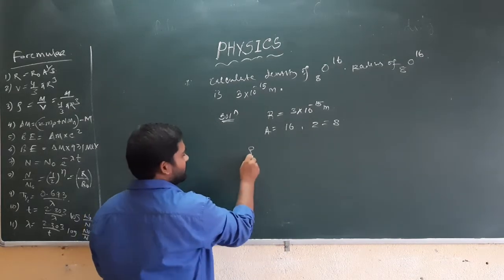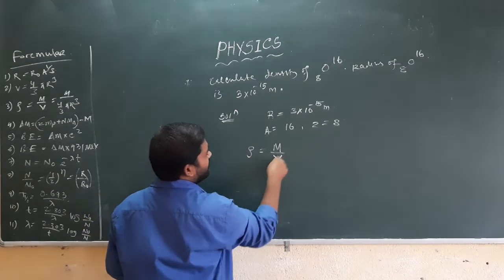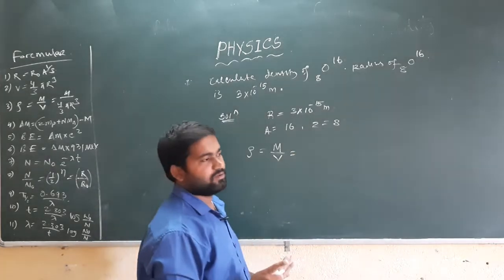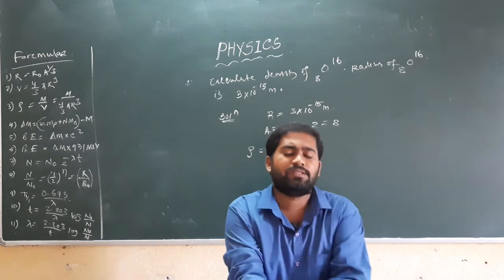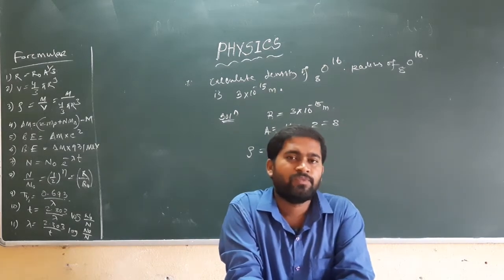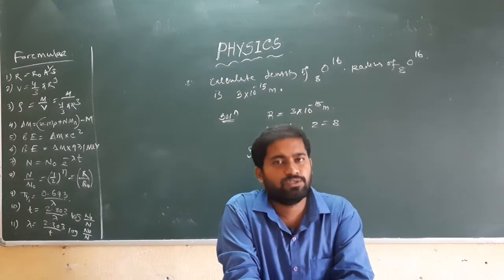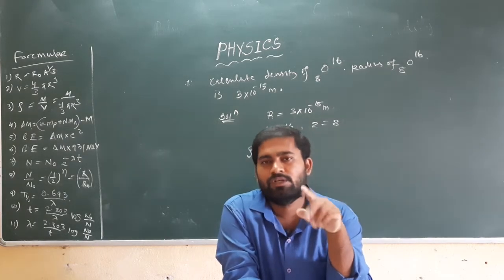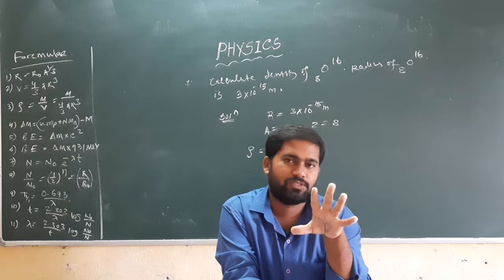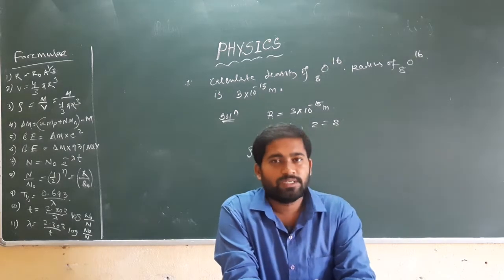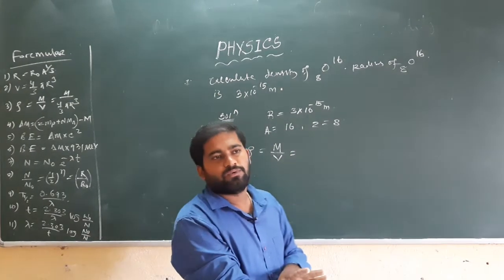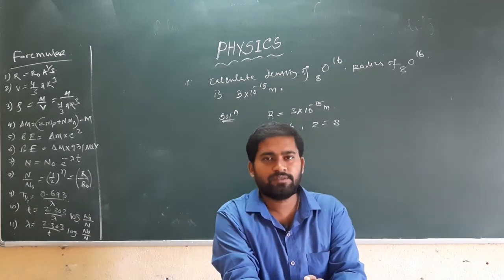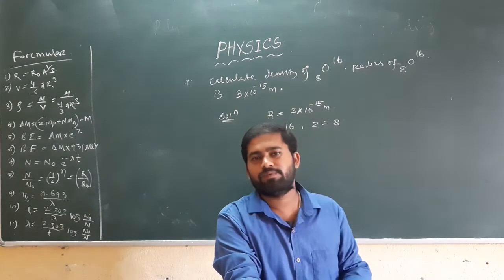So, density is mass by volume, and the important thing is mass. When we calculate the mass of any nucleus, the mass of the nucleus is equal to the mass of any one nucleon times the total number of nucleons.